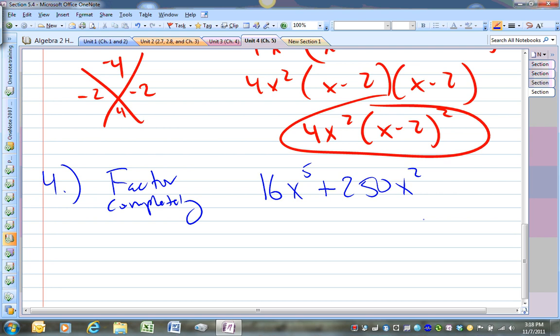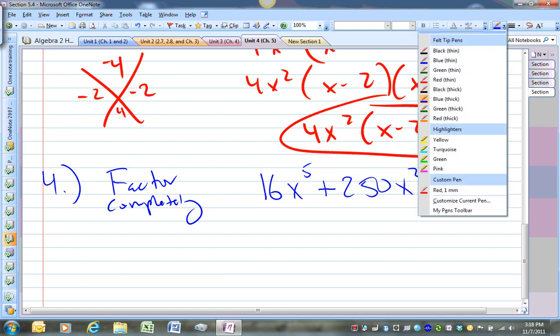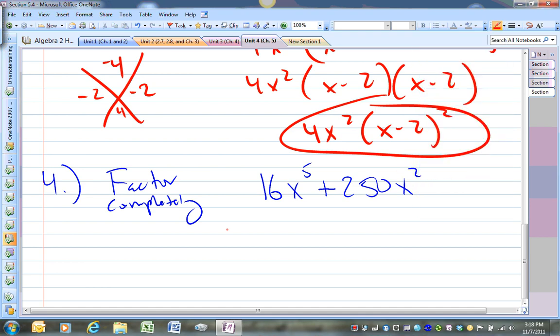We could tell that each of these are divisible by 2, and there's an x squared. So I pull out 2x squared, I get 8x cubed plus 125.